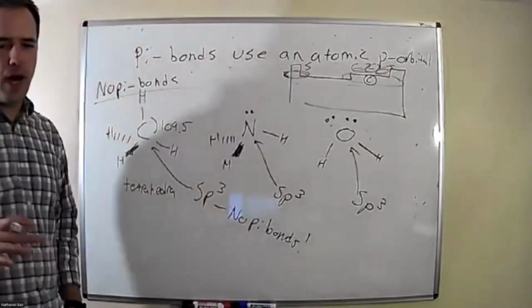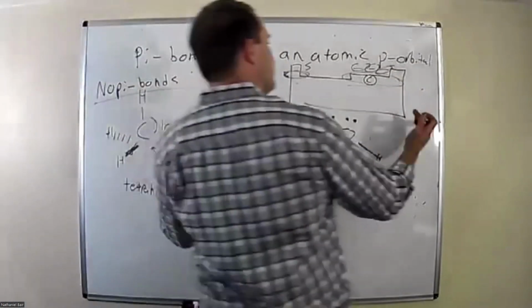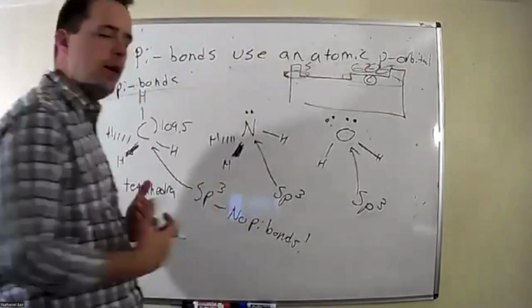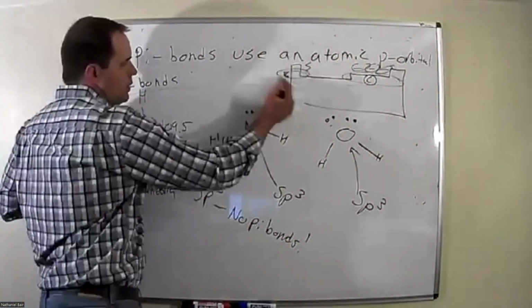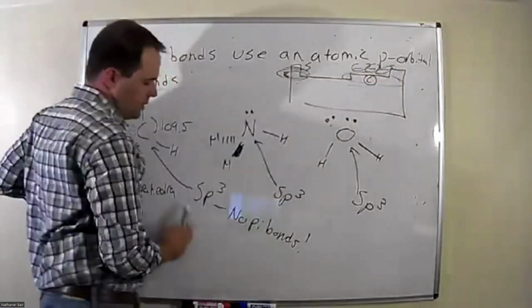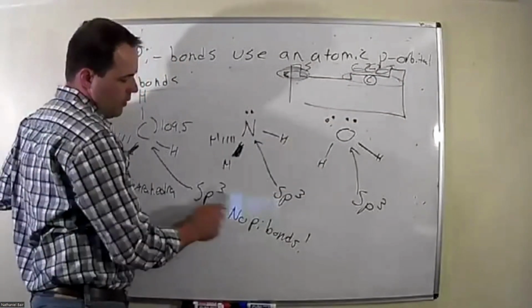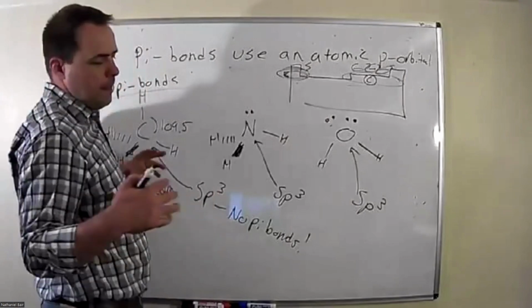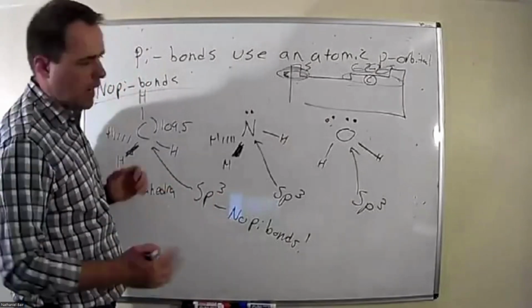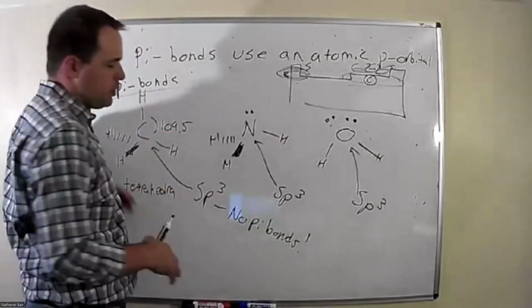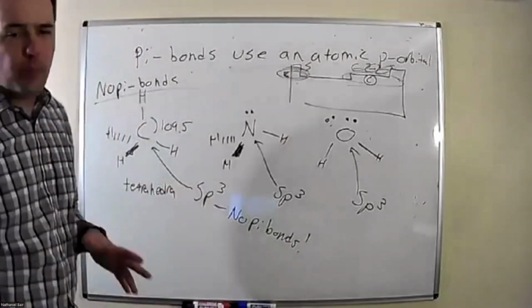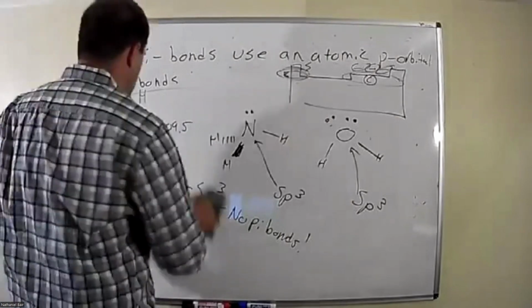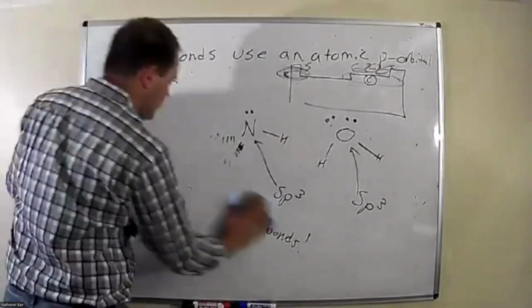If you are not making a pi bond, all of your p orbitals are being used to make what are called hybridized bonds, and that's where this sp3 comes from. We use an s and the three p's, sp3. None of the atomic p orbitals had to be used to make a pi bond, so you have all of them, it's sp3.